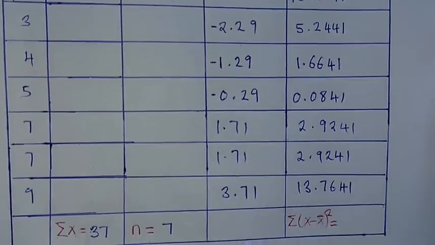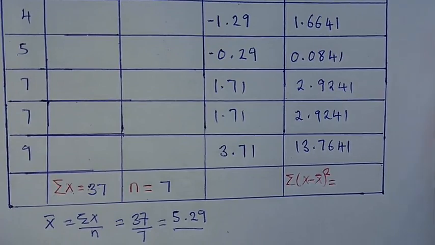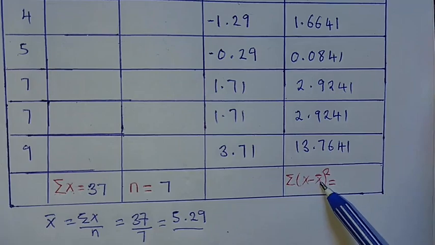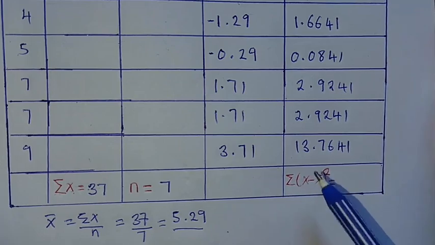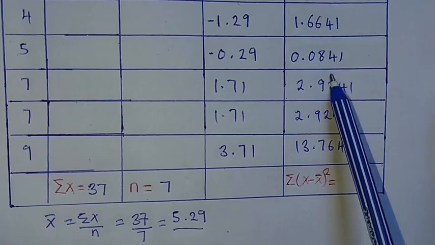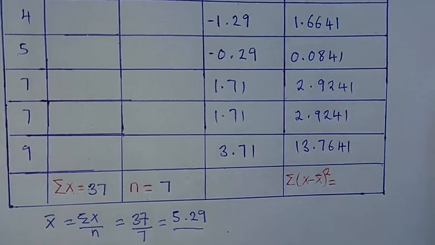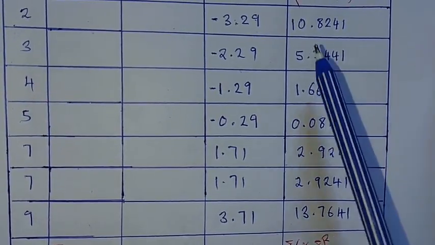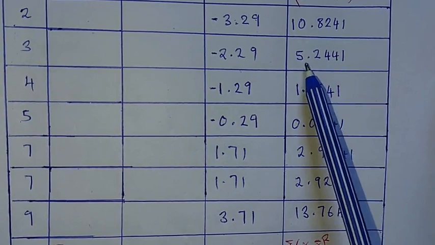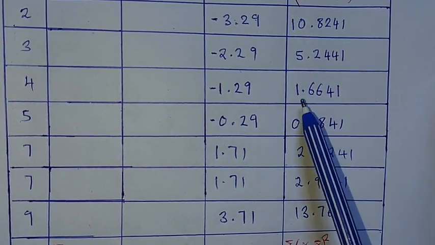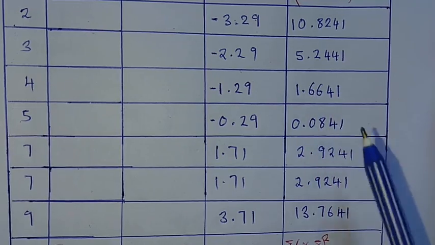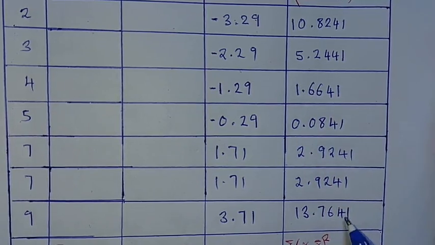So you come back here, you can see here we have summation of x minus mean in brackets squared, meaning that we need to add all these values right here. We need to add them starting from the first number, which is this one, 10.8241 plus 5.2441 plus 1.6641 plus 0.0841, until you reach 13.